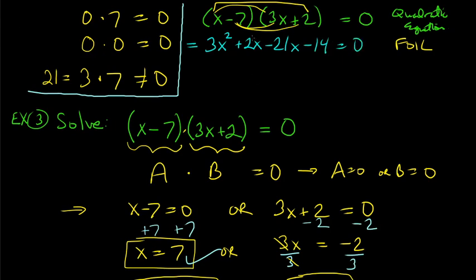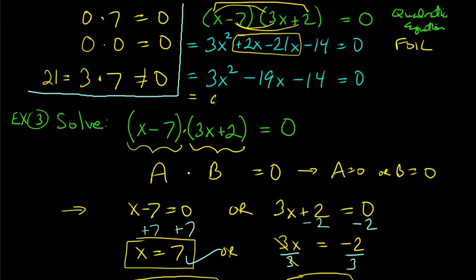And one final thing, we can simplify this. Combine like terms, 2x minus 21x is just negative 19x. So we get 3x squared minus 19x minus 14 equals 0, which is exactly ax squared plus bx plus c equals 0.